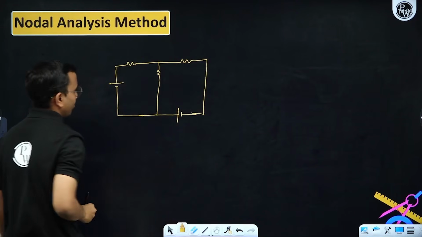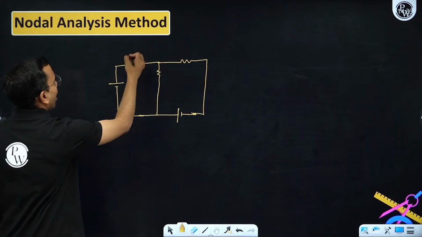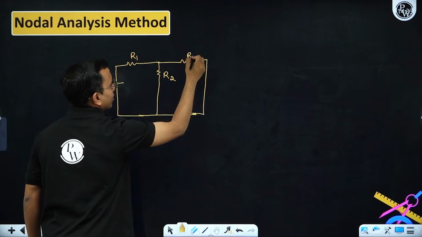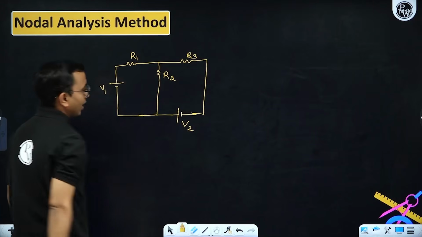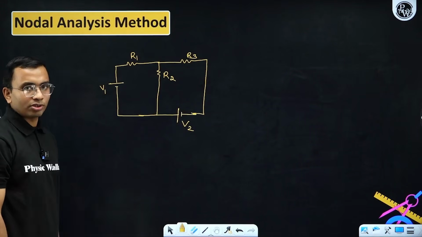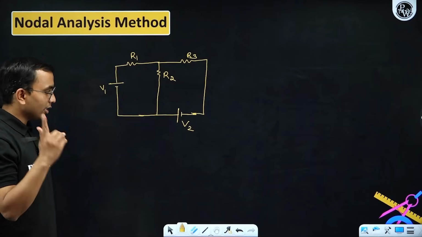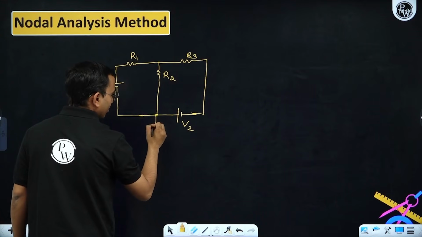Let us take this example. R1, R2, R3, V1, V2. If I ask you to solve this, find the currents, what will you do? Write the two equations, move in the loops, and solve it. Another way I am saying is, let us take this as grounded.